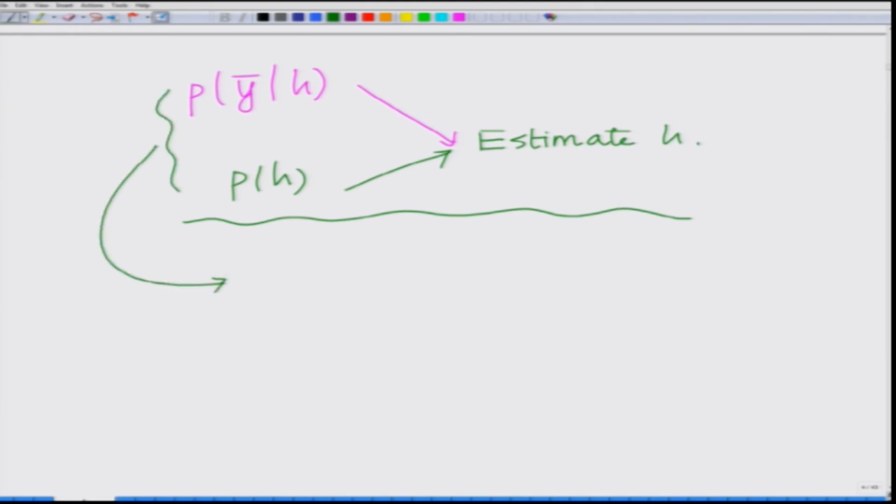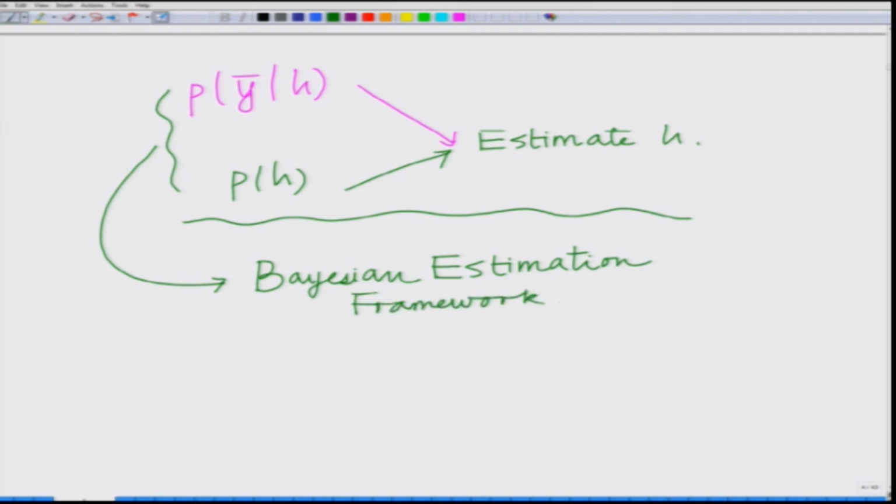That forms the core of your Bayesian estimation framework, and we already said that we are going to consider a specific version of it, that is your MMSE or minimum mean squared error framework.